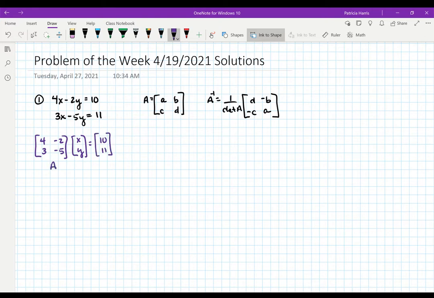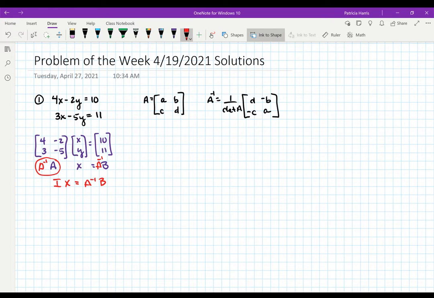Okay, so this is matrix A, matrix X, times matrix B. Now to solve that, we're going to multiply both sides on the left by the inverse. If I multiply a matrix by its inverse, I get the identity matrix, times the variable matrix is equal to our solution.